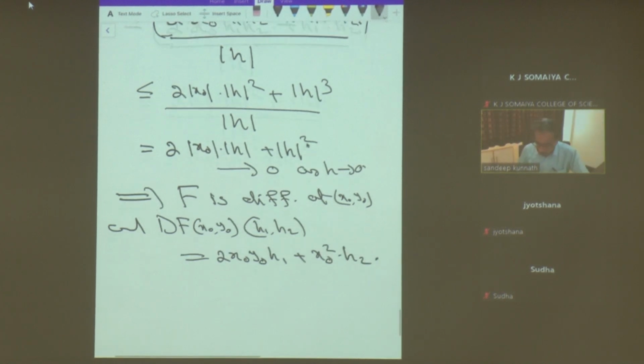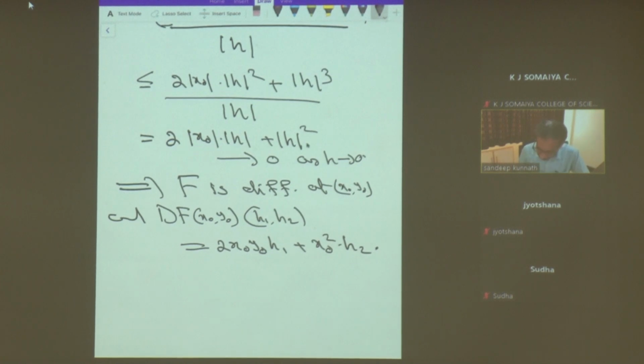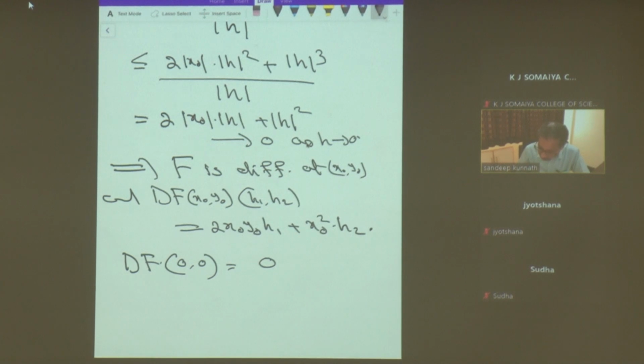This linear transformation depends on x naught and y naught. For example, what is df at the point (0, 0)? Then x naught and y naught are 0, so it is the 0 linear transformation.